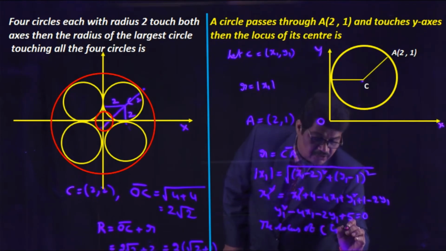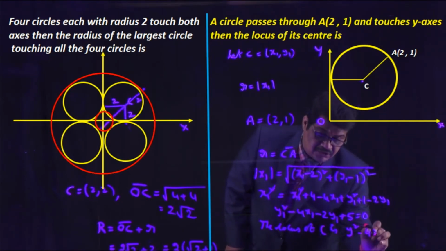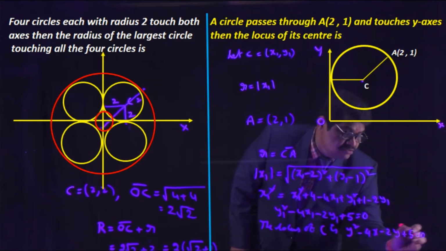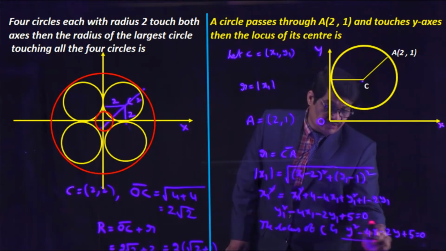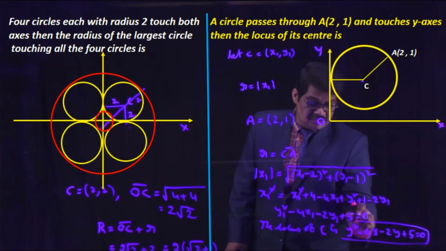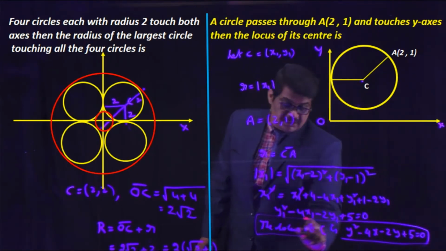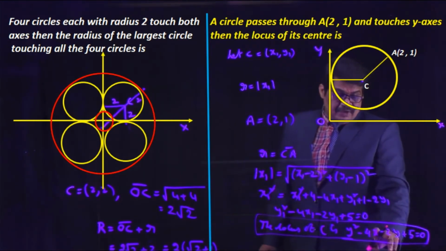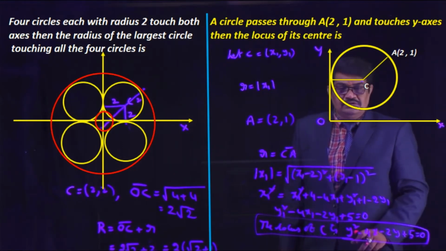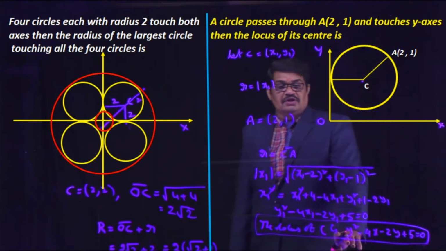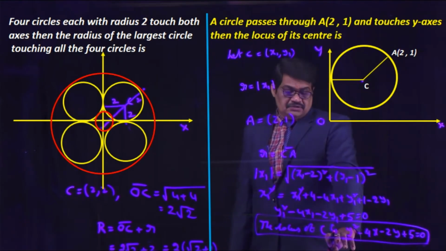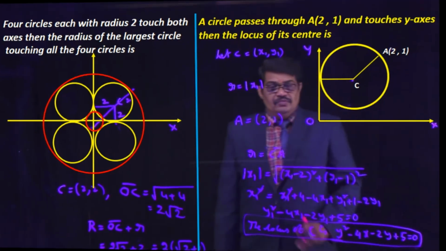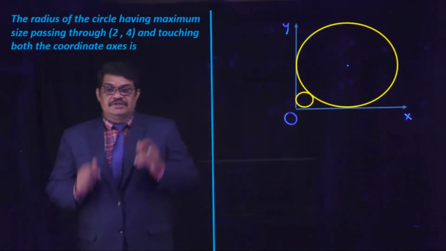Then we get the locus: y square minus 4x minus 2y plus 5 is equal to 0. This is the locus of the center of the circle. The answer is y square minus 4x minus 2y plus 5 is equal to 0.